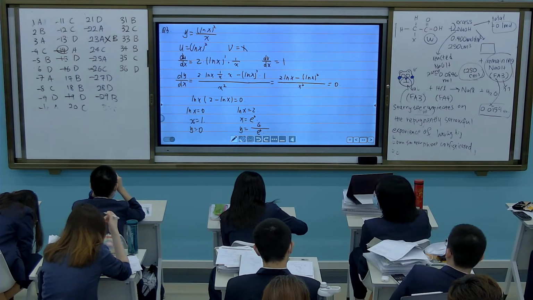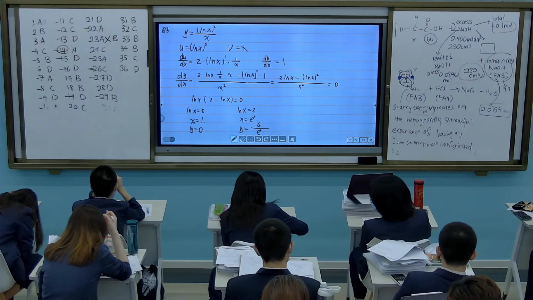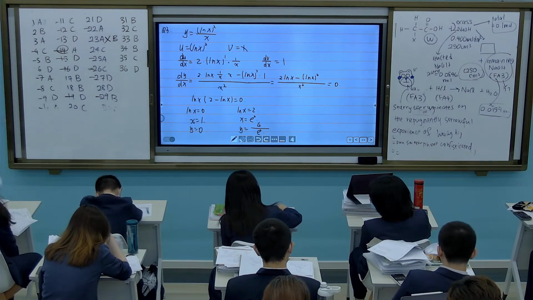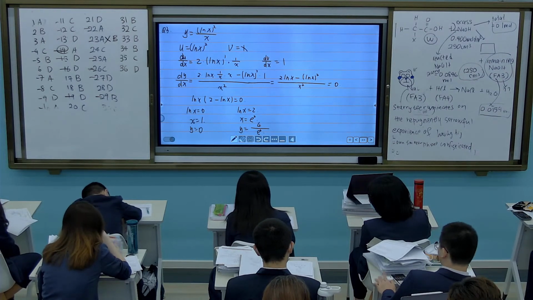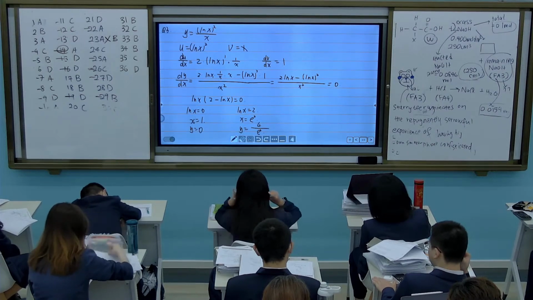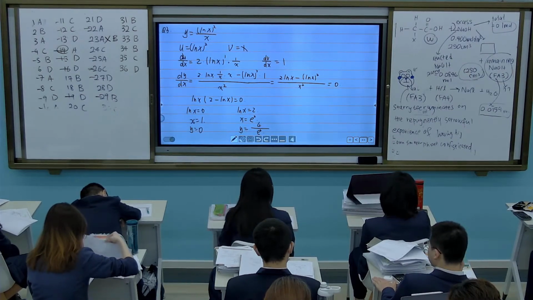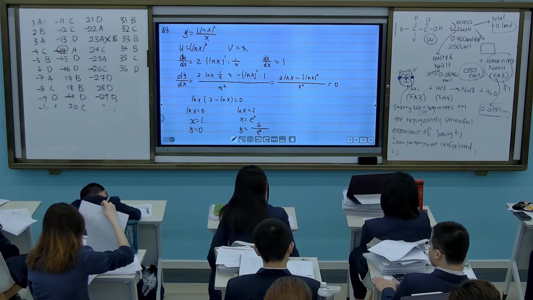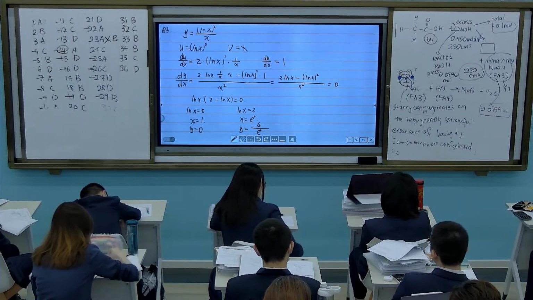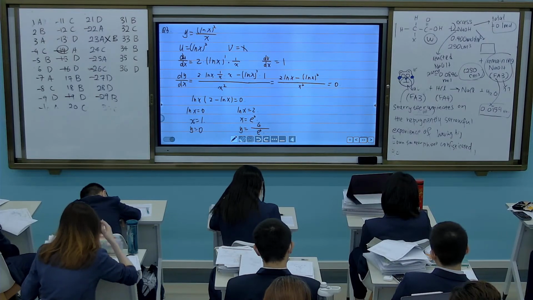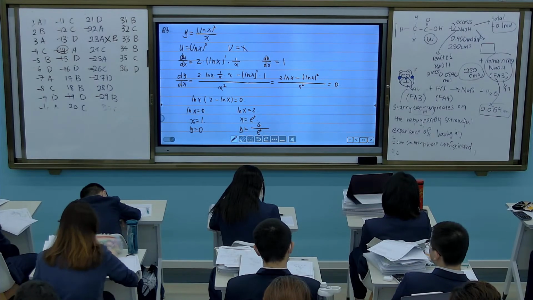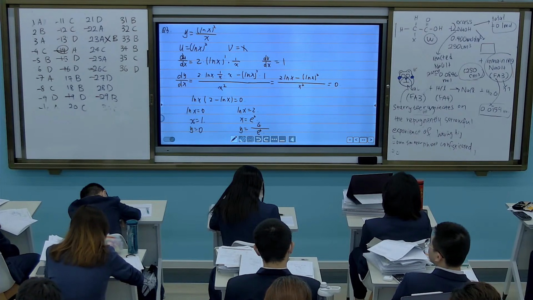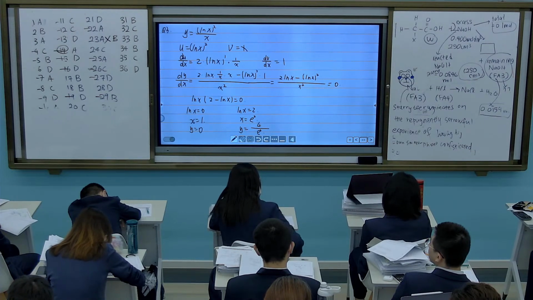Oh, it cannot be like that. The reason is you just read through the question, especially the last sentence. What did it say? Exact value. No, that is not exact.